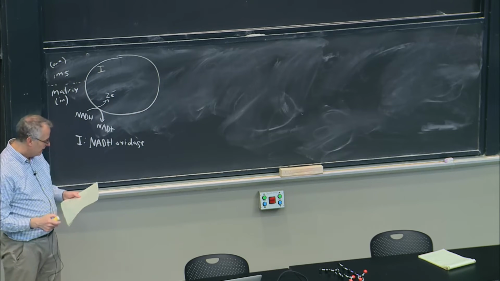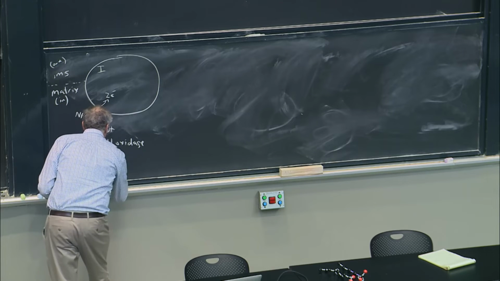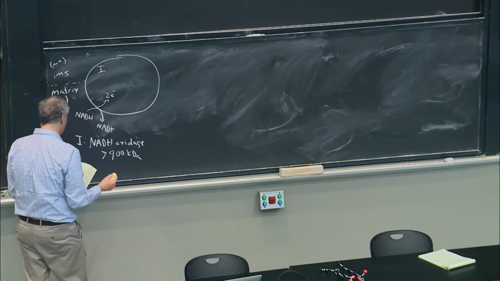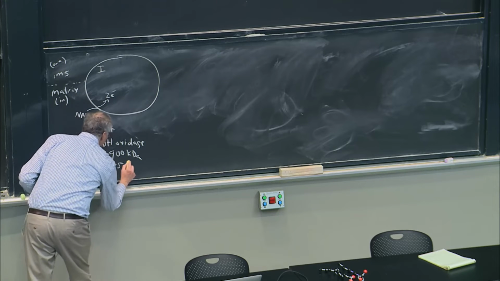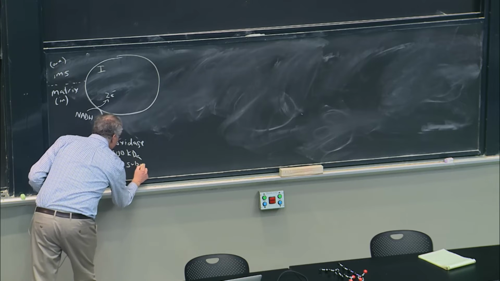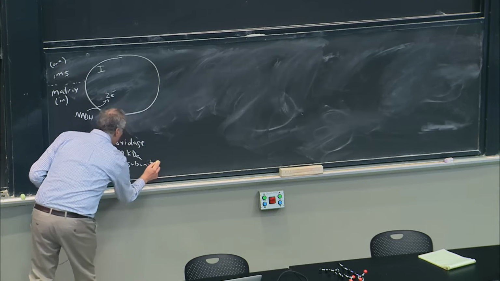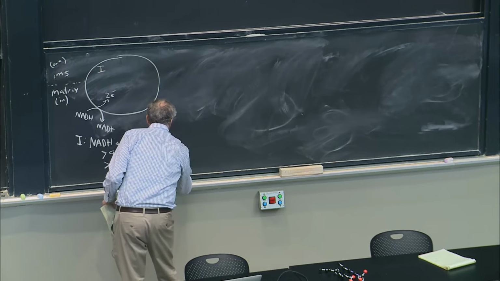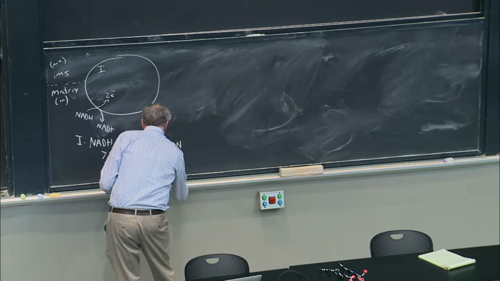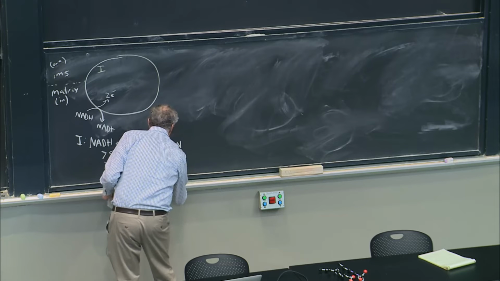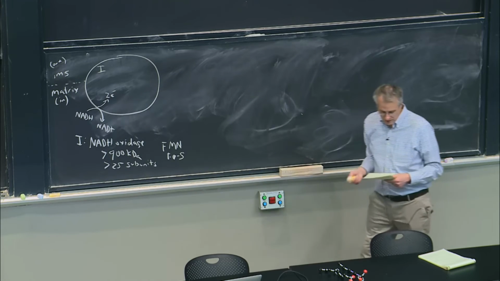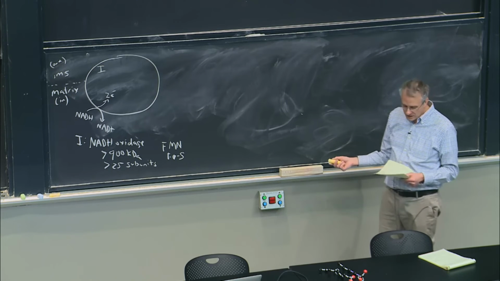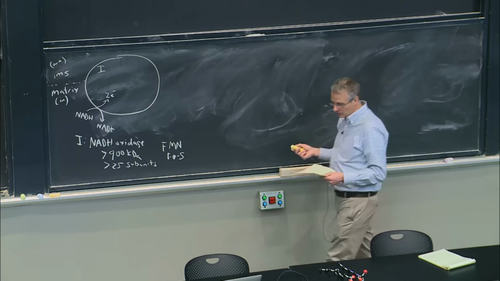NADH oxidase is a giant complex, greater than 900 kilodaltons in total, has more than 25 individual protein subunits, contains some flavin mononucleotides, as well as some iron-sulfur clusters as electron carriers, and it is the least well understood of all of the protein complexes.